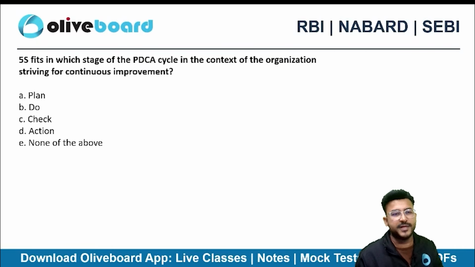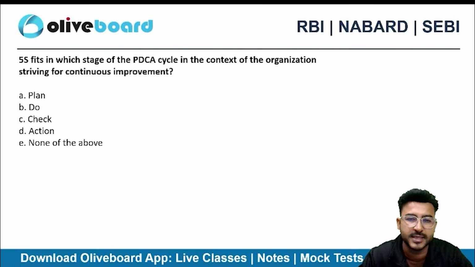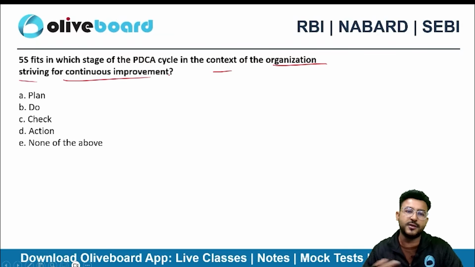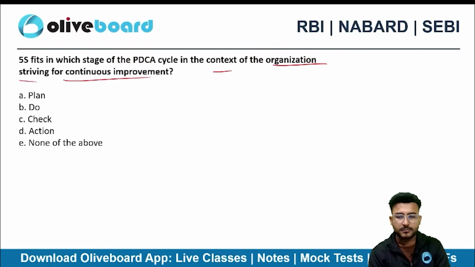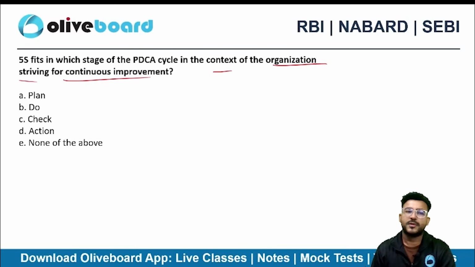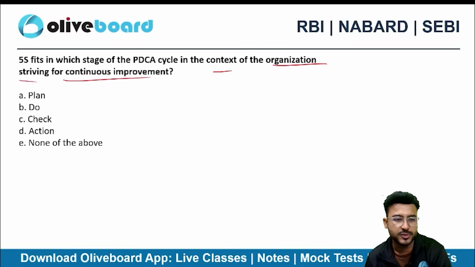Acha, tell me this one. 5S fits in which stage of the PDCA cycle in the context of an organization striving for continuous improvement? 5S will fit in which stage of plan, do, check, act?